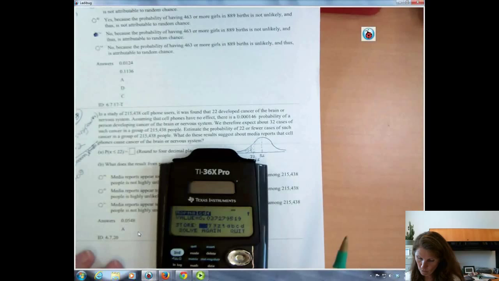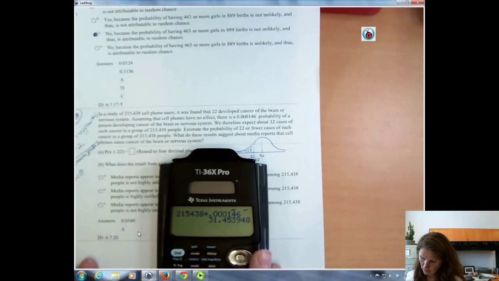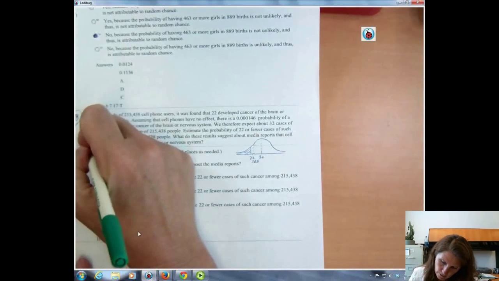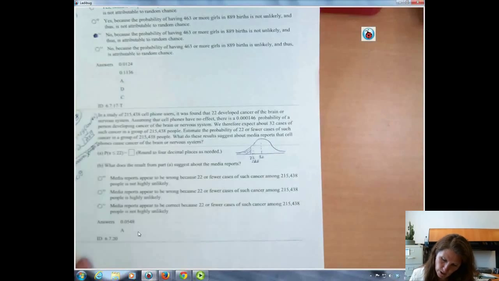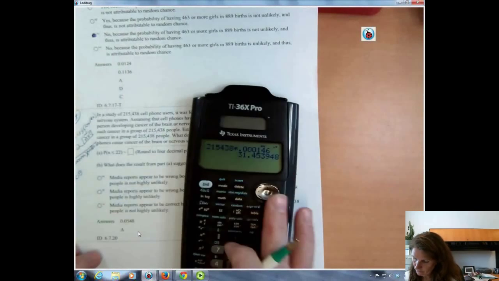So what was that answer? It was 215,438 times 0.000146, which is 31.45. Because they gave us that number, I thought maybe they wanted us to use that, but maybe they weren't.